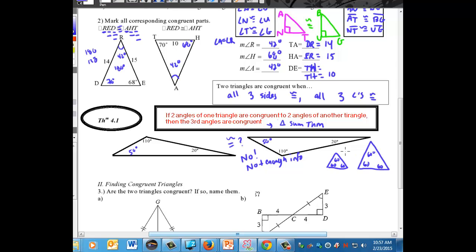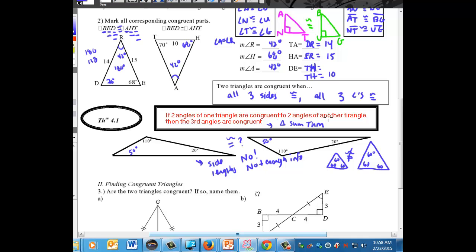And clearly these two shapes are not congruent because the triangle on the right is much bigger than the triangle on the left. So just because all three angles are the same does not necessarily mean all three sides are the same. So we would need to know side lengths. And once we knew side lengths of both shapes, then we could determine if the two triangles are each congruent.